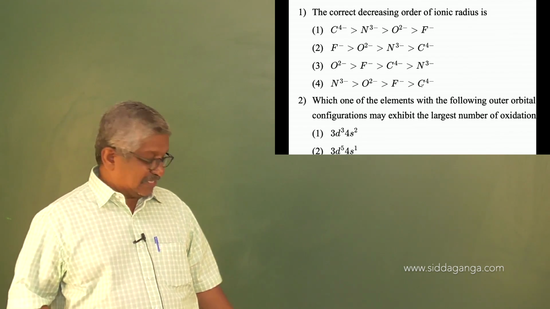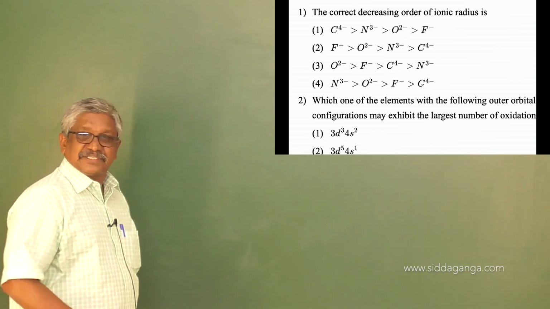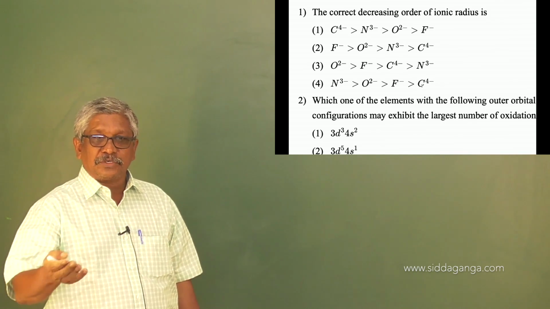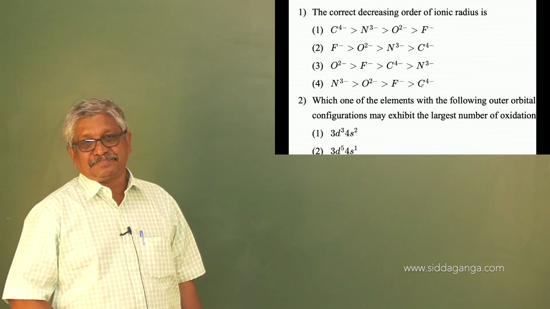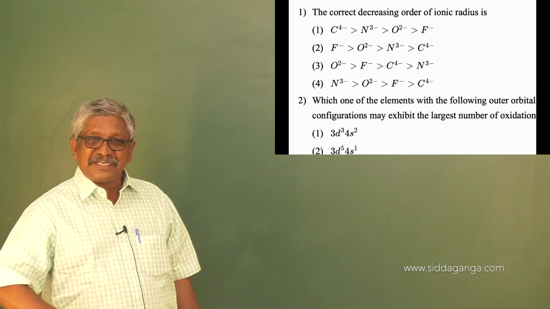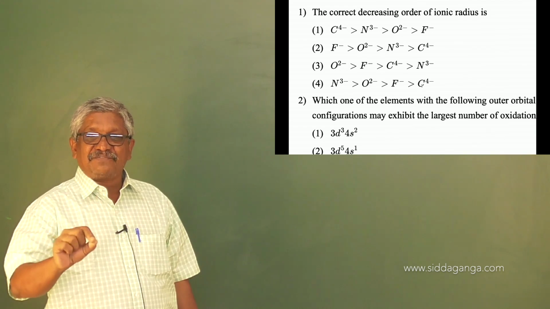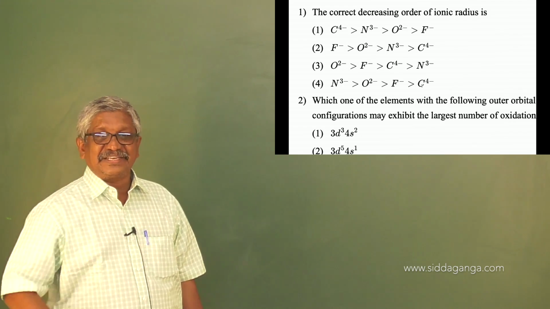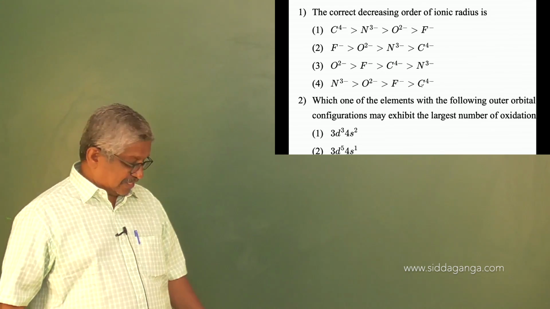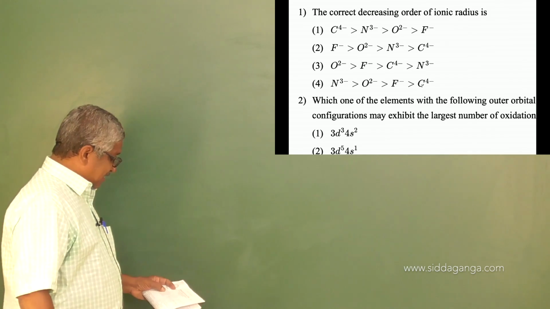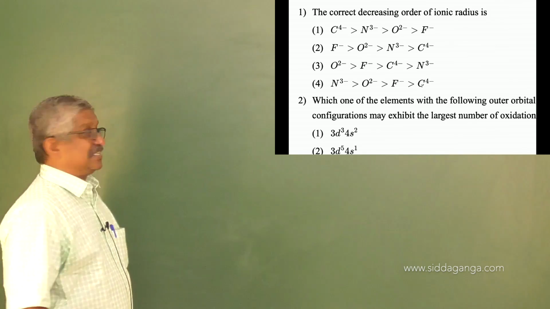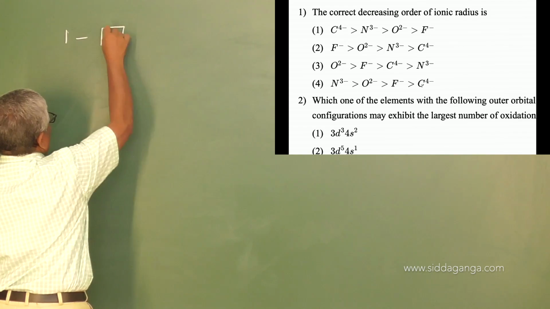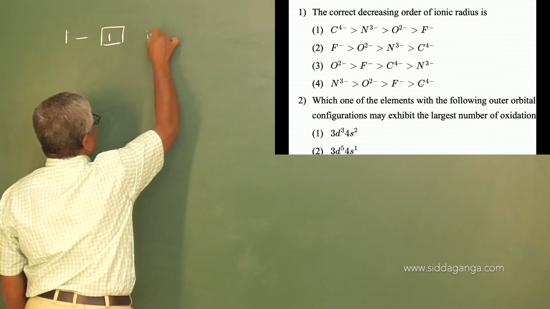In an isoelectronic series, if the electron number is more, the proton number is less. If proton number is less, the nuclear force of attraction on electrons decreases. So due to that, the correct decreasing order of ionic radius is question 1, option 1, it is isoelectronic.